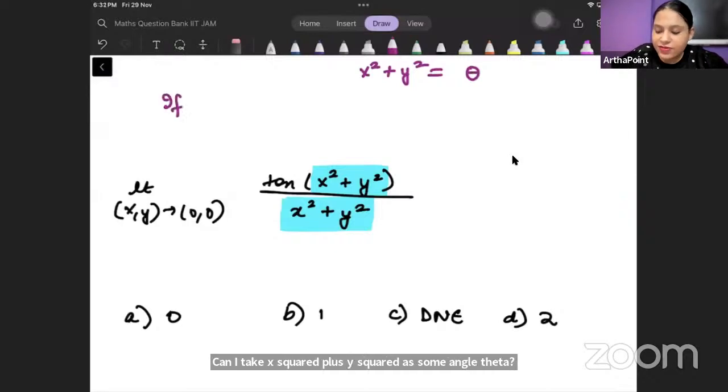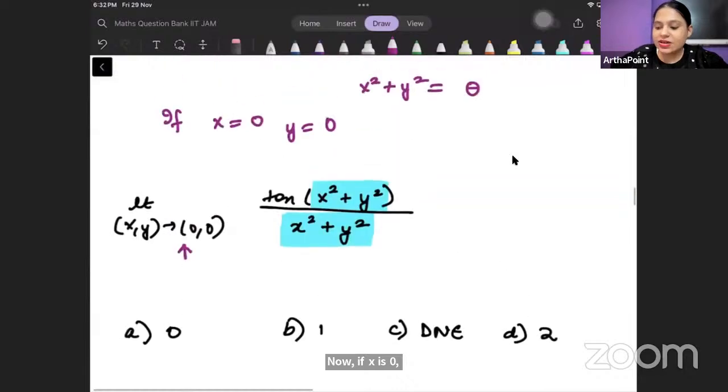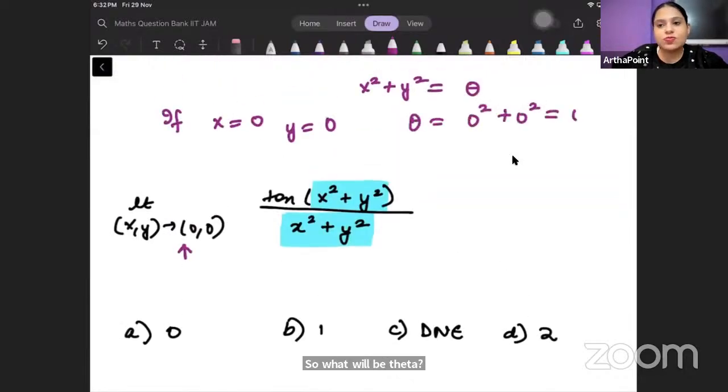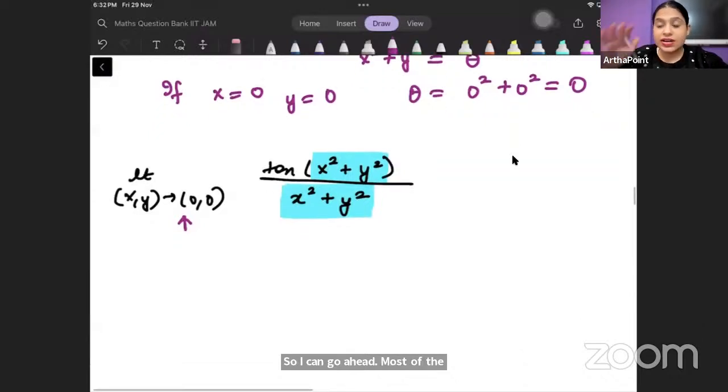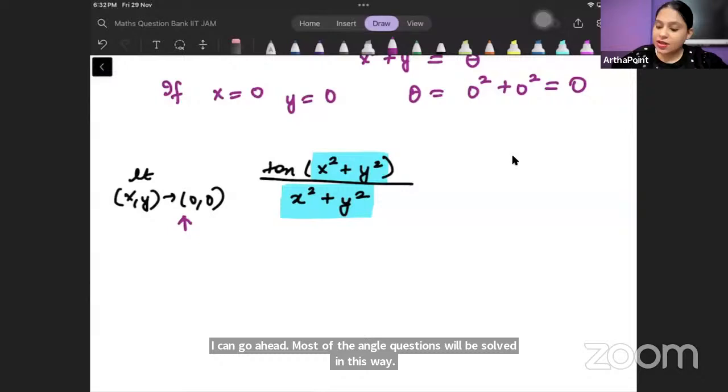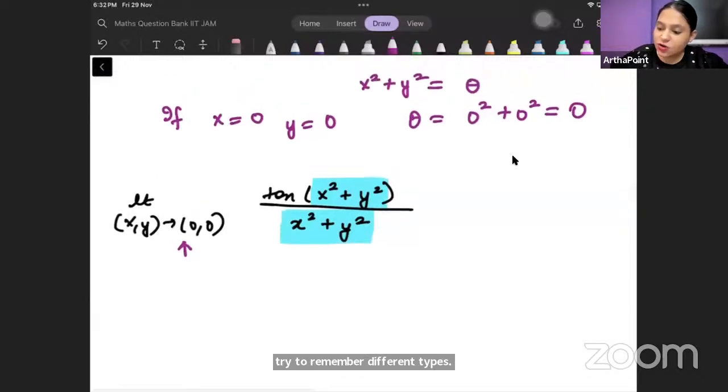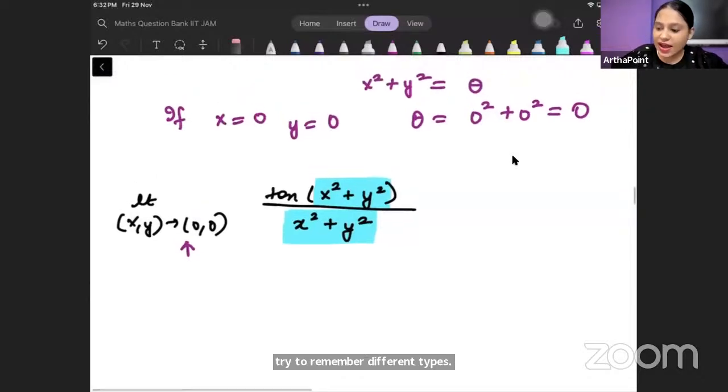Now, if x is 0, y is 0, so what will be theta? Theta will be 0 square plus 0 square, which means 0. So I can go ahead. Most of the angle questions will be solved in this way. Try to remember different types. So instead of x square plus y square, I can write theta.